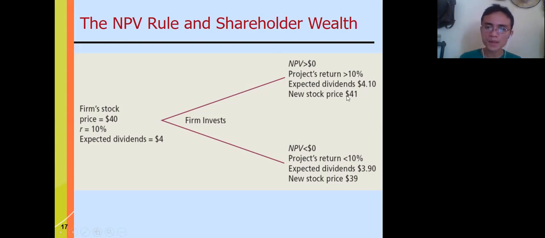And if, for example, the NPV is lesser than 0, we can also notice that the dividends go lower because we have been experiencing a loss, or probably a negative amount. So there's a negative result when we deduct our cost of investment from the present value of the projected cash inflows.